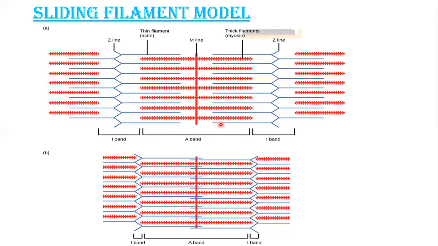But once muscles contract, these actin filaments come up to the center of the A band, and as a result the H zone disappears, and muscles become shorter and thicker in appearance. That's why we say when muscles contract, they become what? Shorter and thicker.